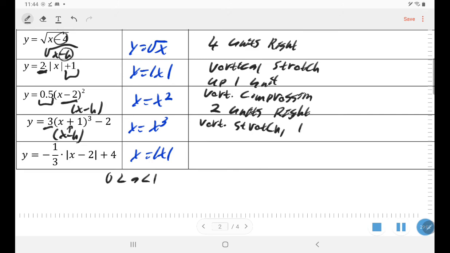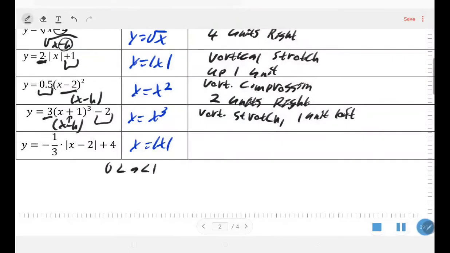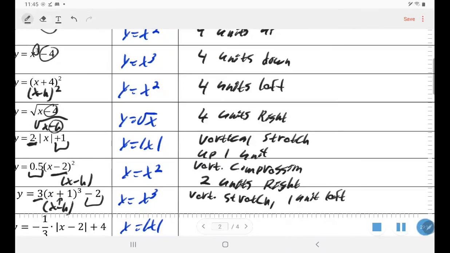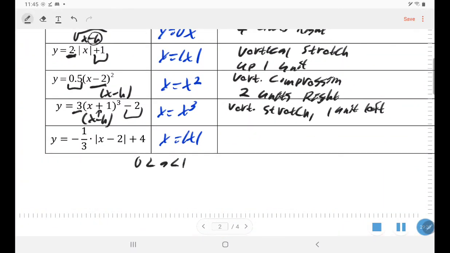This is going to move 1 unit left. And then lastly, this -2 at the end is your vertical shift, excuse me. So I know this is going to move 2 units down.